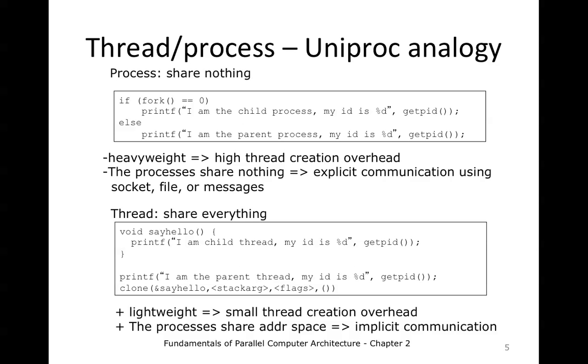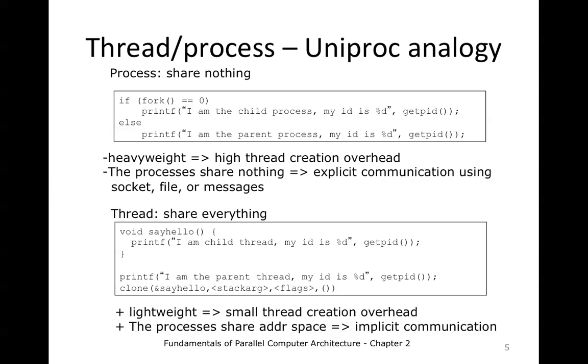So let's see where they come from, or whether we know something analogous to that. One way to think of shared memory versus message passing is to think about thread versus process programming in non-parallel systems. For example, two processes share nothing.